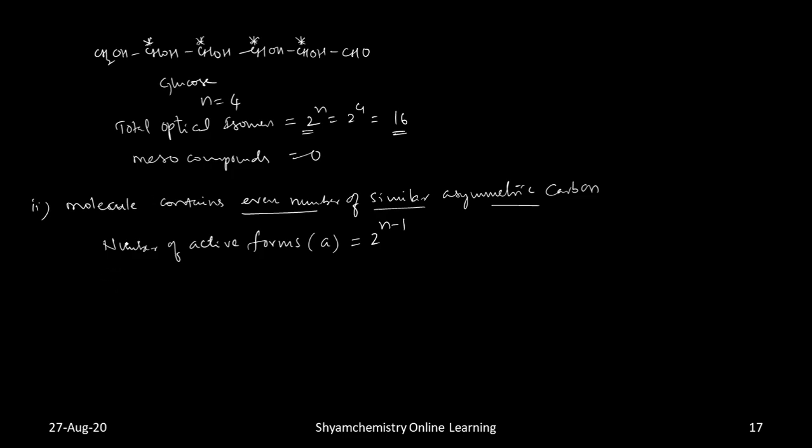Such type of molecules also have mesoforms. Number of mesoforms B equals 2 to the power of n by 2 minus 1. By this formula we can calculate the number of mesoforms.